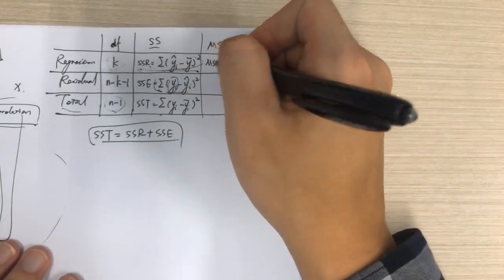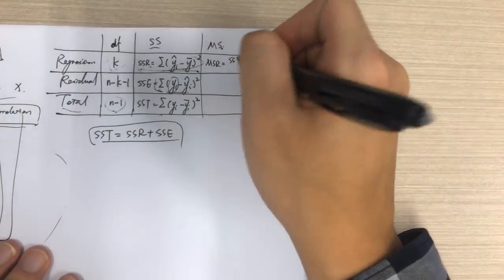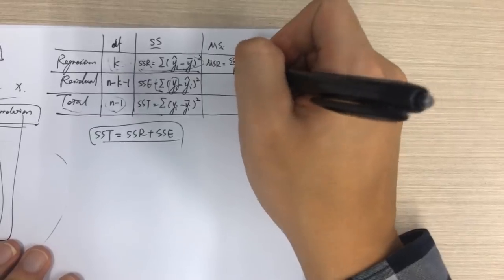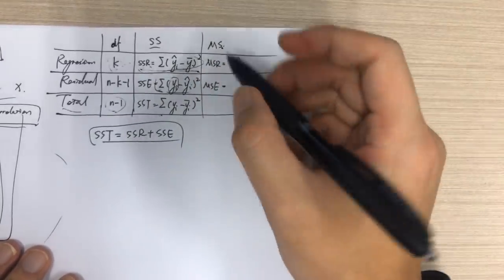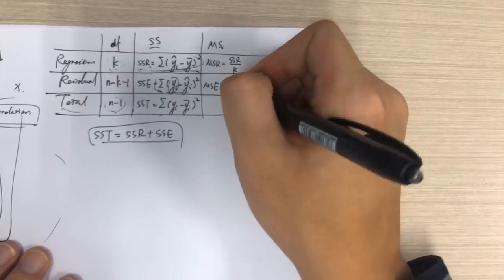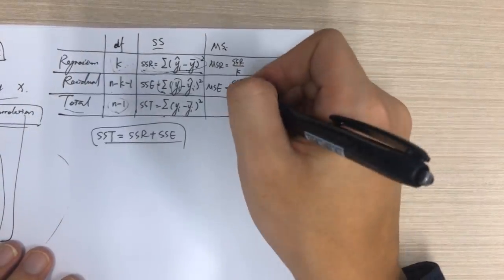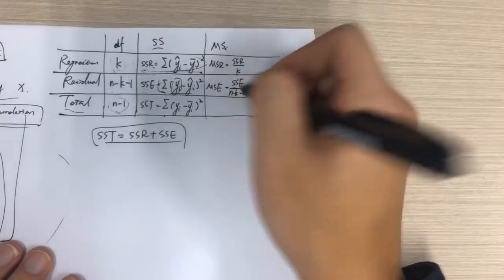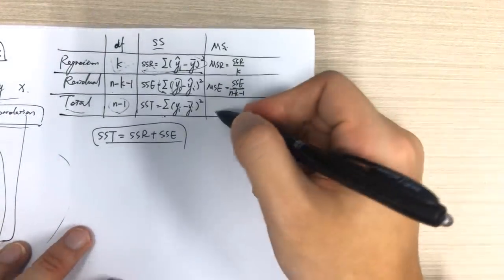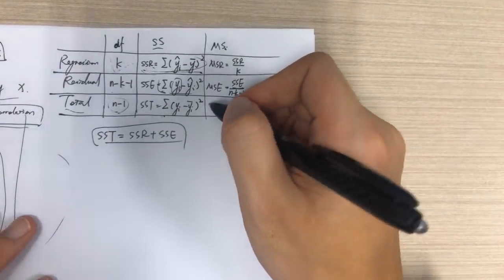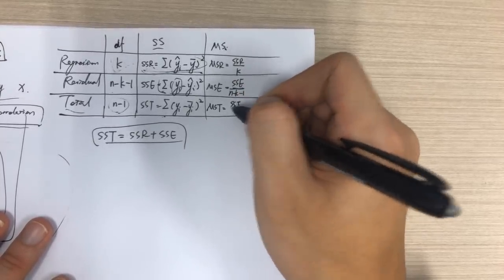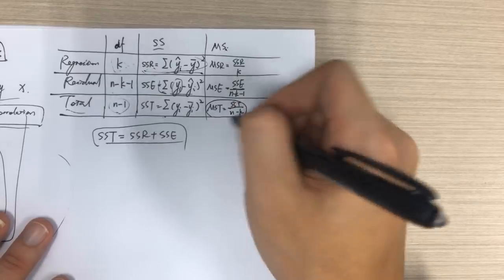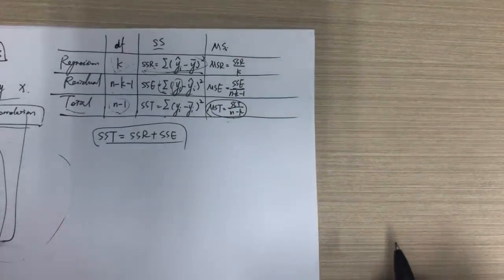So the MSR is given by SSR divided by the degree of freedom k, and MSE is given by SSE divided by the degree of freedom n minus k minus 1. All right, and if you want to create something called MST, you can do that. It's SST divided by n minus 1. Well, this is just the sample variance of y, right?